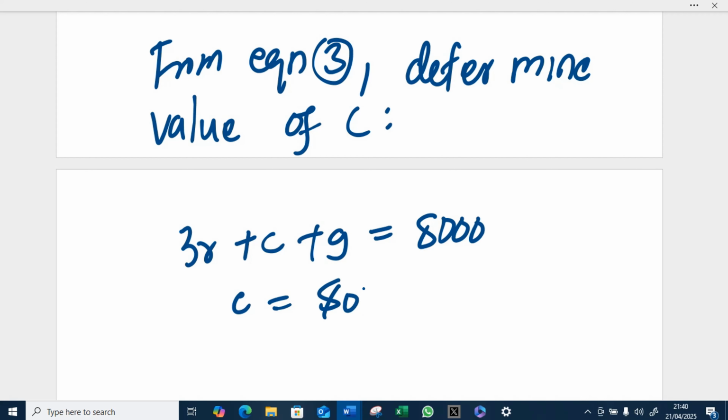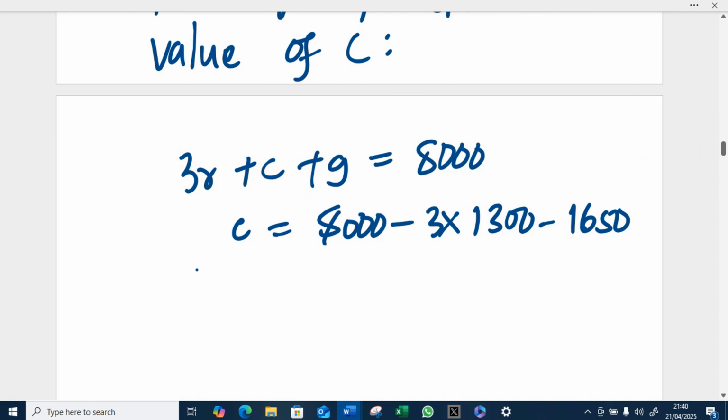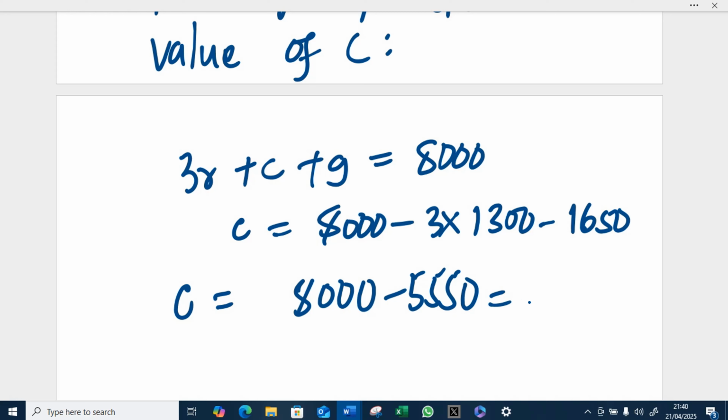So c is equal to 8,000 minus 3 multiplied by the cost of 1 r, which is 1,300. Then we subtract the cost of one geometry set, which we have obtained as 1,650. So finally, we can get c, using my calculator, so this is going to give me 8,000 minus 5,550, and this is giving us 2,450.